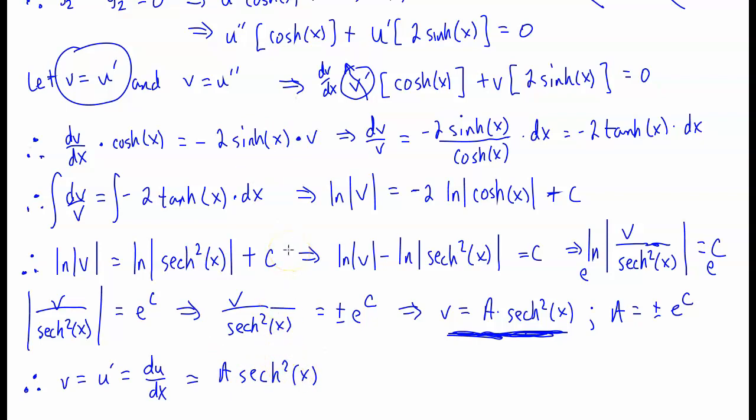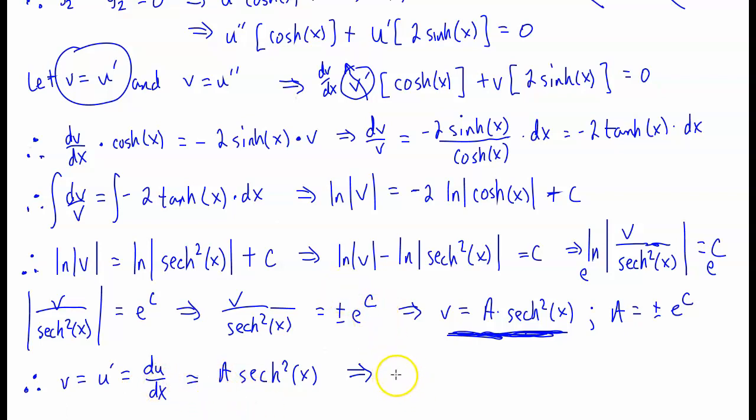And fortunate for us, the antiderivative of sech squared mimics the antiderivative of secant squared, which is just tangent. So because the antiderivative of secant squared is tangent, the antiderivative of sech squared is going to be tanh, okay? So we recognize that this is a directly integrable type of equation here.